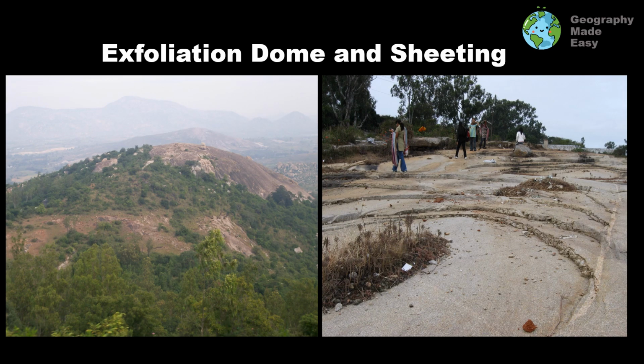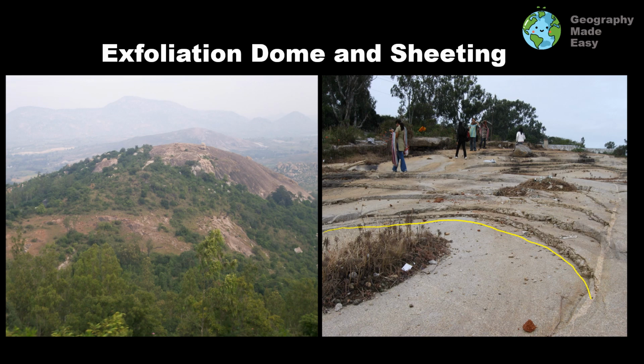So these are photos of exfoliation. So this is an exfoliation dome. This is again in Andhra Pradesh, and this is the flank of an exfoliation dome, and we can see that the sheeting is taking place. As you can see, these are the layers along which the rock is getting exposed.